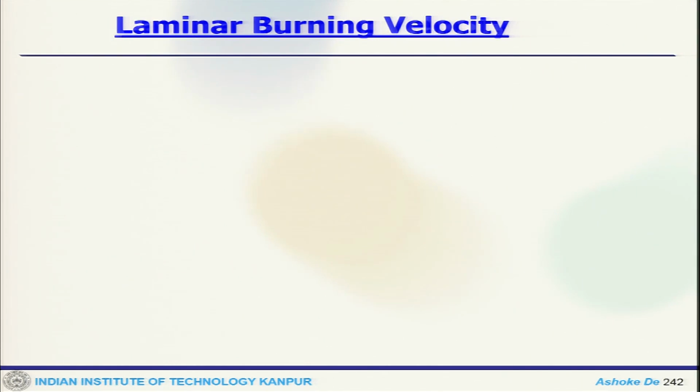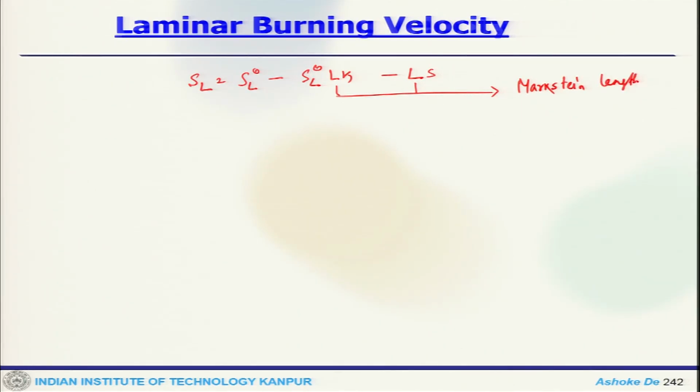Now, the other terms which you have, SL equals SL naught minus SL naught L kappa, LS. This L is known as the Markstein length.